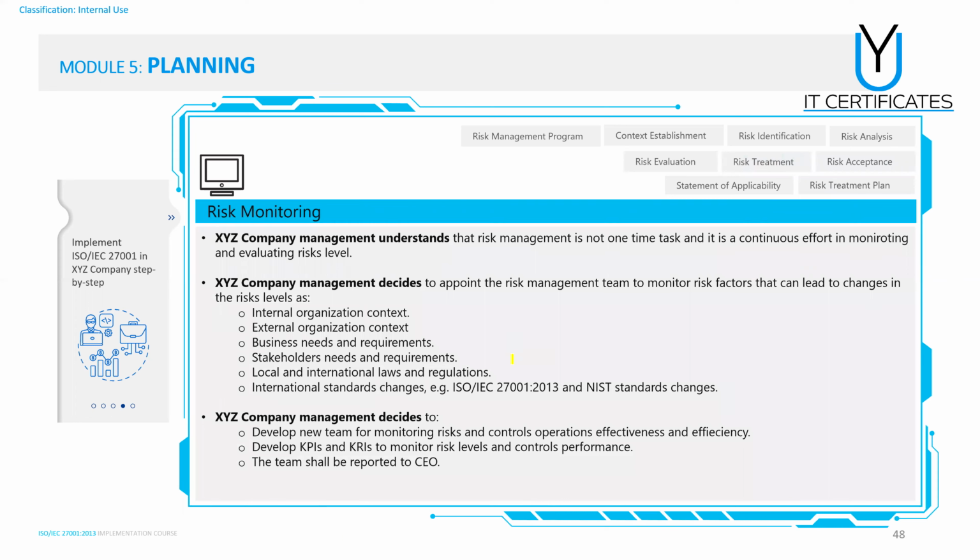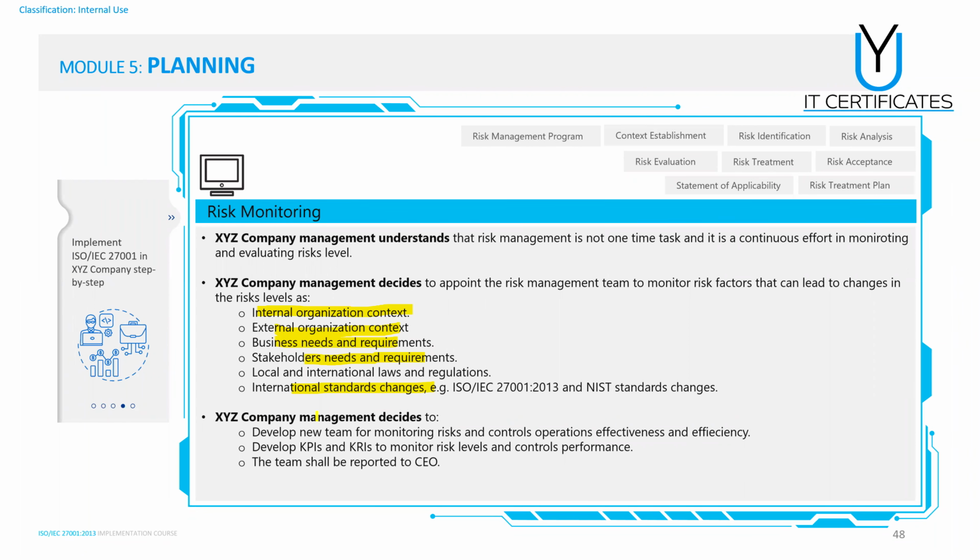Risk monitoring. The XYZ company management understands the importance of risk monitoring, and they decided to monitor the internal organization context, external organization context, business needs and requirements, stakeholders' needs and requirements, changes in the standards, and all the factors which affect the risk level.